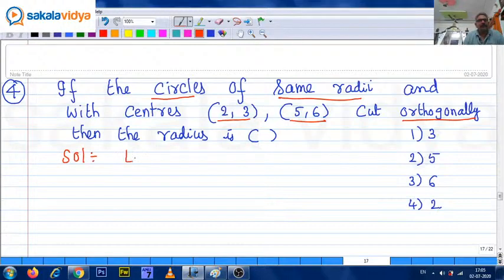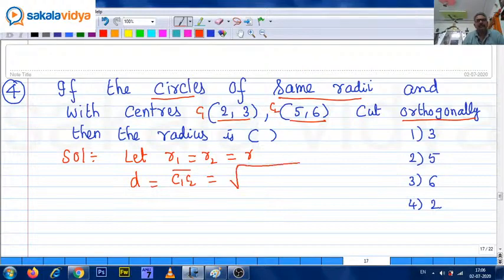Let R1 equals R2 equals R. Now D is the distance between C1 and C2: root of (5 − 2)² + (6 − 3)², 9 plus 9, root 18.